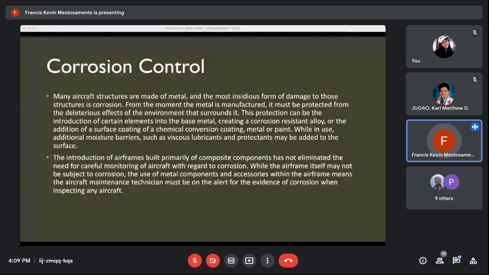So corrosion is a natural process which converts a refined metal into a more chemically stable oxide. It is the gradual destruction of materials by chemical or electrochemical reaction within the environment. So on the next, I think slide number 6, I have a short video on how the corrosion occurs, or the standard process.